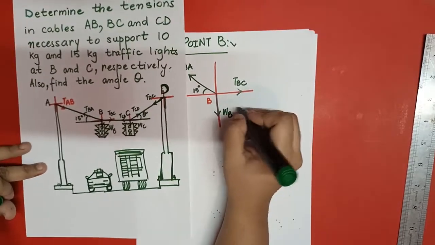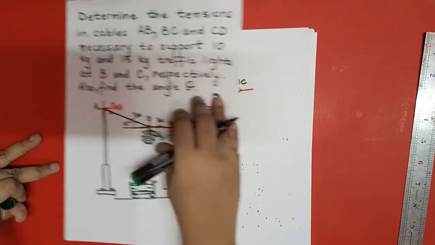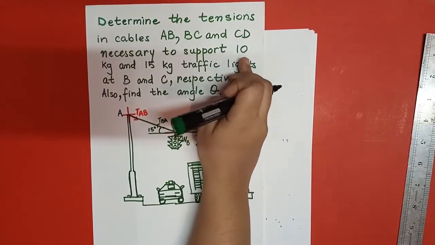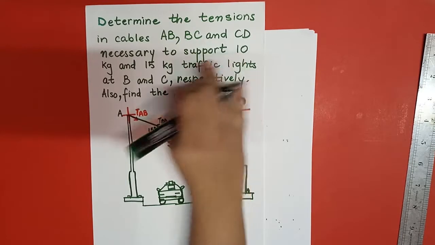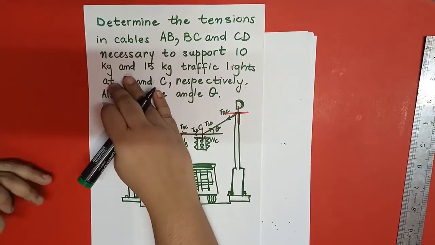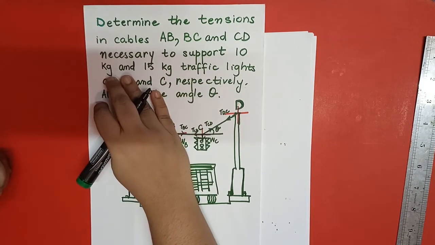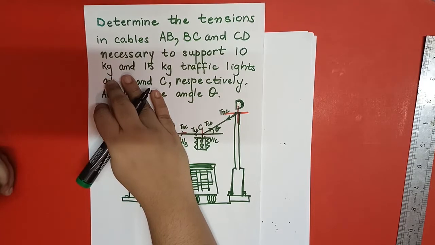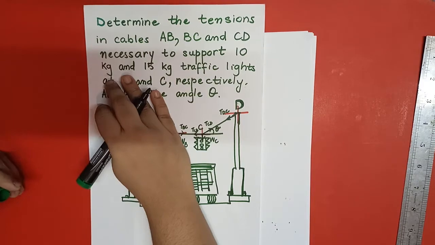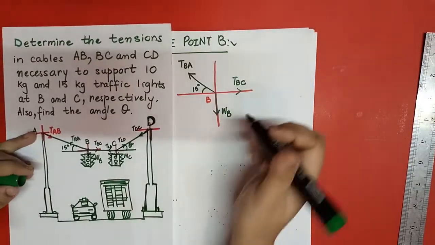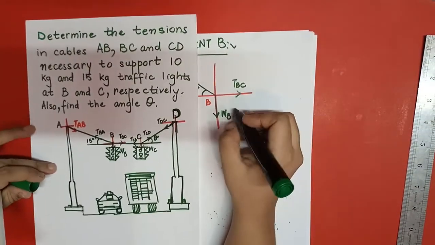This is not the weight actually; the value given is a mass of 10 kg. Why is it mass? Because its unit is not Newton, it is kg. So we should calculate the weight here.